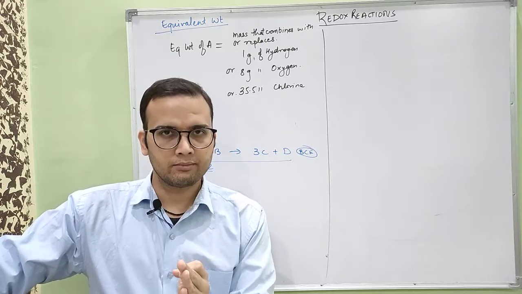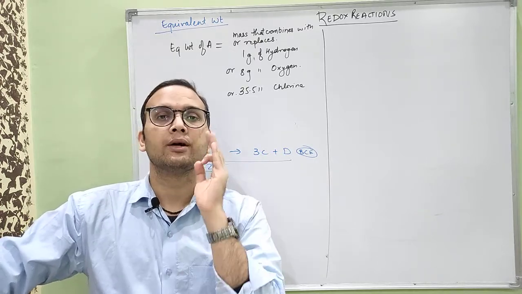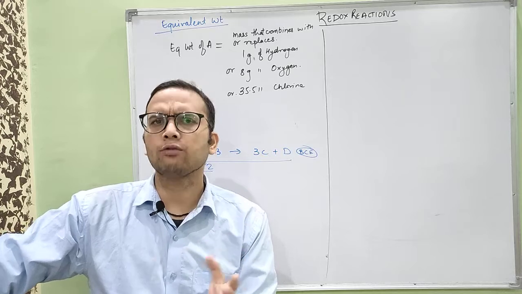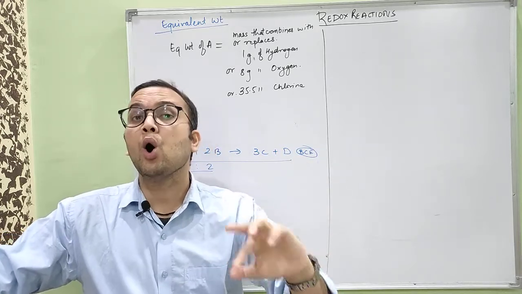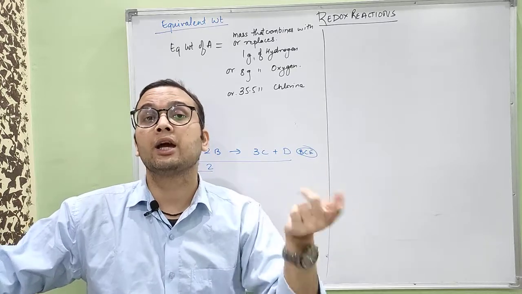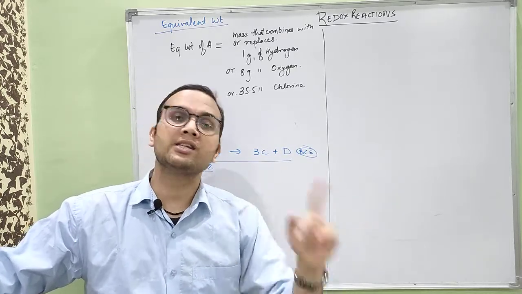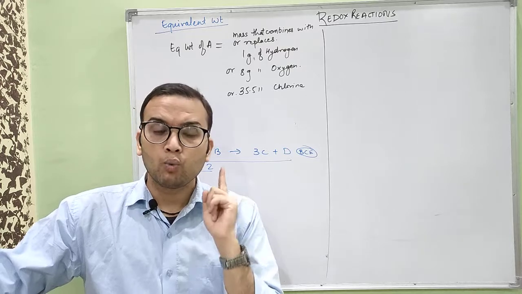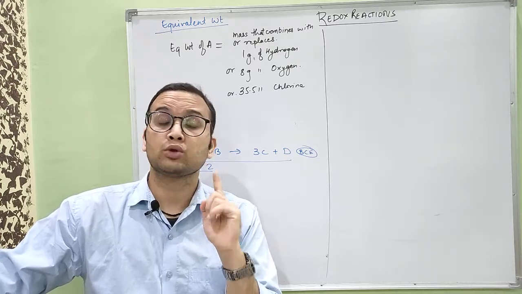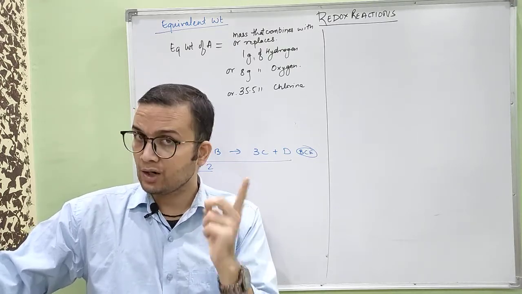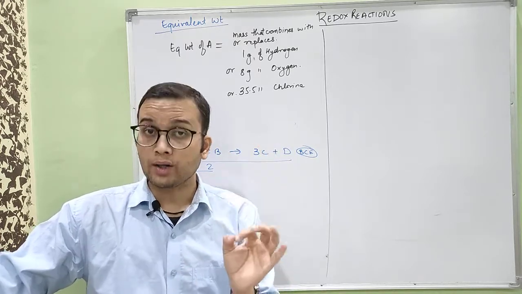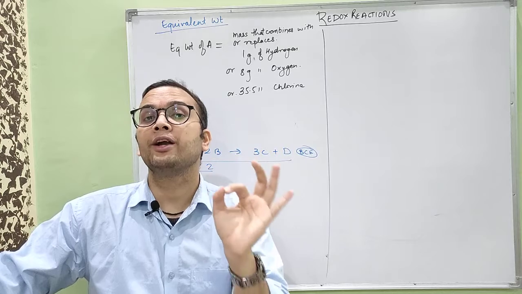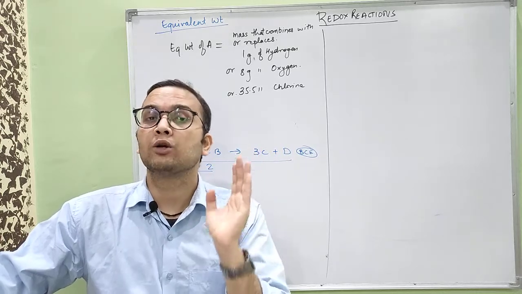Equivalent weight is the mass or weight of a substance that combines with or replaces 1 gram of hydrogen, or 8 grams of oxygen, or 35.5 grams of chlorine.